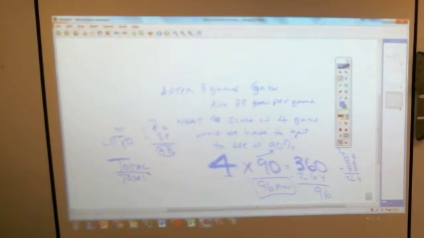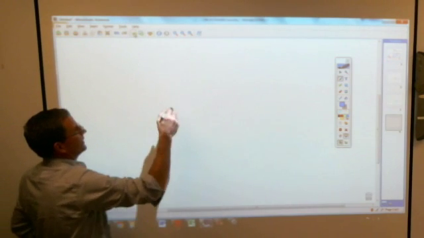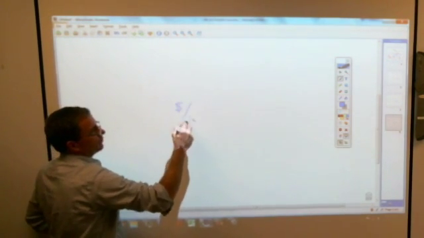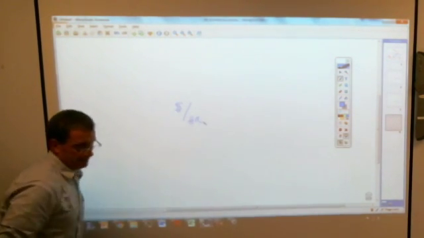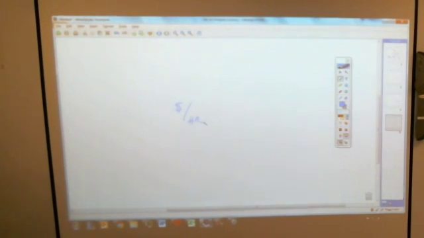How do you know which total goes on top and which one goes on bottom? Well, when you talk about wage, you're talking about how many dollars per hour. So dollars would go on top. Total dollars made over total hours worked would tell you how much money he made per hour. Weighted average.